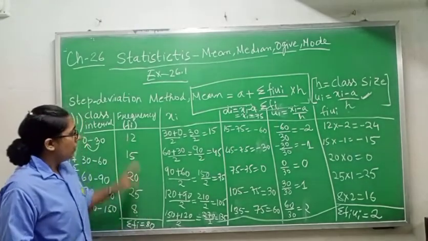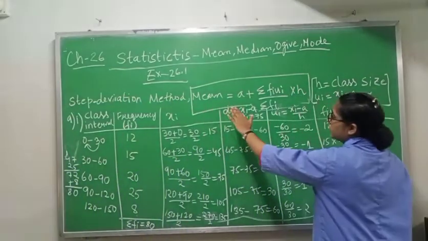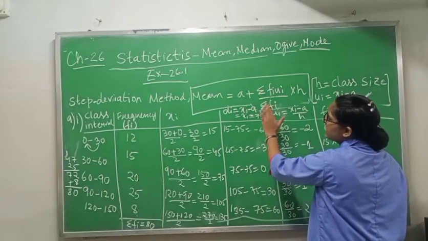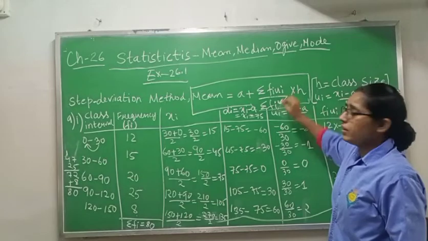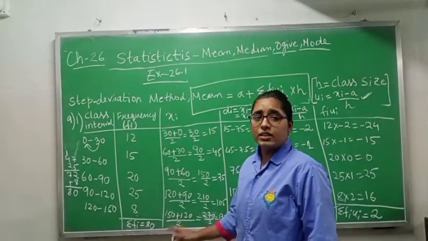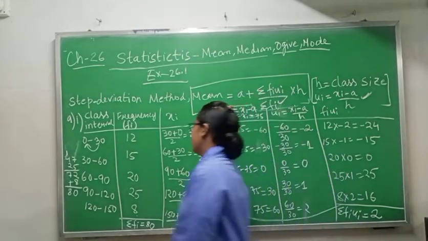Understood up to here? Why am I finding fi? Because in the formula it is written mean equals A plus summation of fiui by summation of fi, into h. It means we need summation of fi. That is why I am finding fi. In this question I am getting summation of fi as 80.